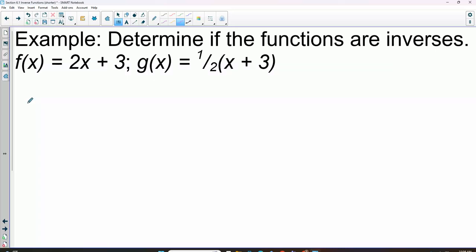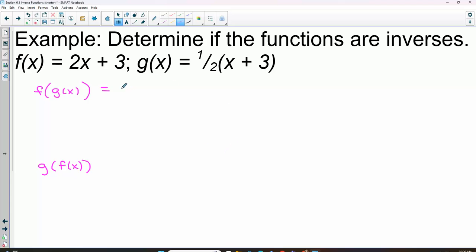All right, so if I want to use that to decide if these things are inverses, we could do the composition. If they're inverses, when I compose them, I should get x for my answer. If the first one comes out to be x, you do have to check the other one as well. But if one of them is not, you can automatically stop and say they're not inverses.